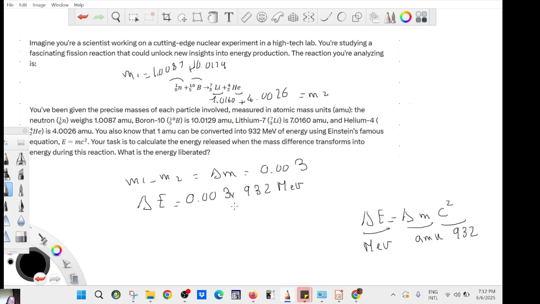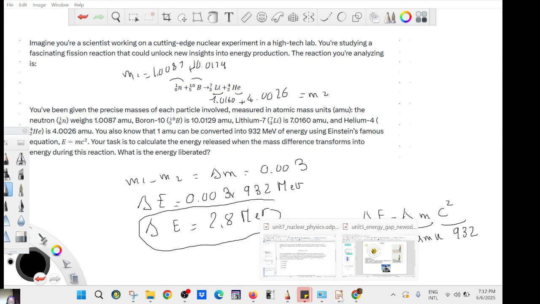You can try to do it, and you should find about 2.8 MeV. And of course, the numbers in the questions will be easier to deal with. It's not that hard, but it takes steps.